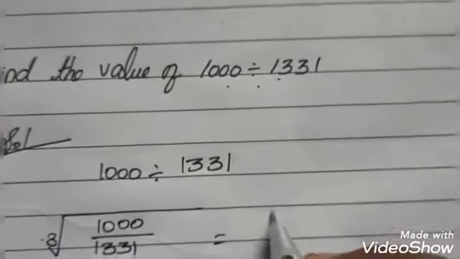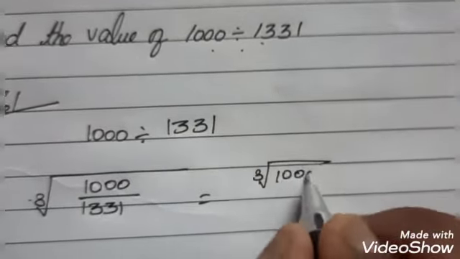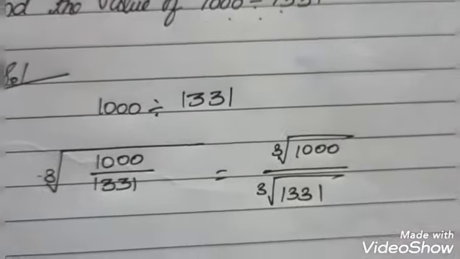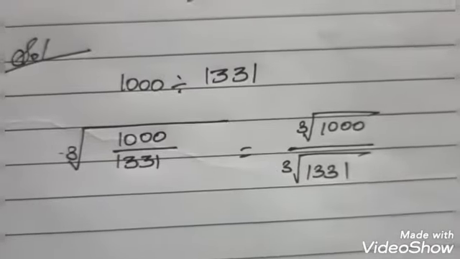In the previous sum we went with multiplication, here it is division, but the concept is the same. So the cube root of 1000 divided by 1331 can be written as the cube root of 1000 divided by the cube root of 1331. So by using that shortcut method you need to write.